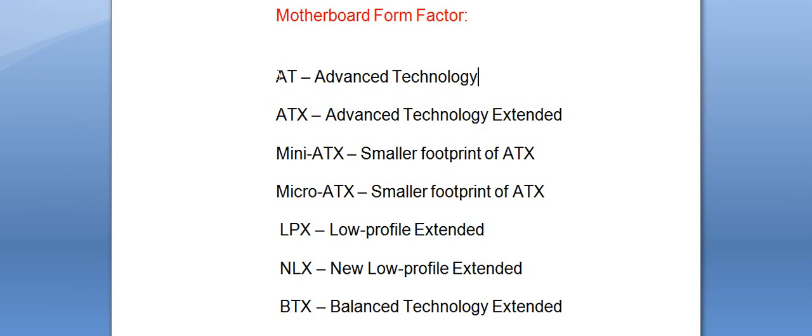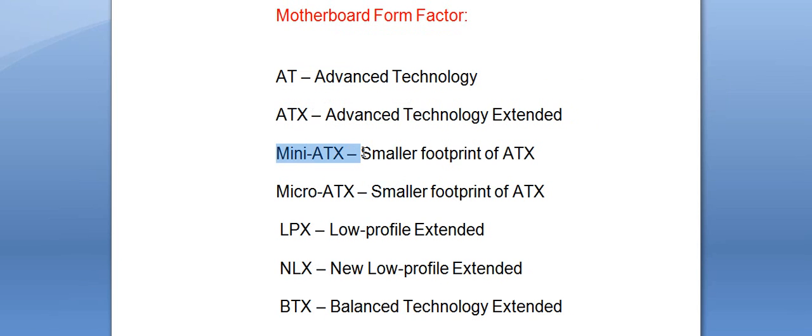It probably wouldn't be very commonly used now, but it led the way for the ATX, which is advanced technology extended. That's what the X is for. It's basically the updated version, so ATX would be more common than the AT.